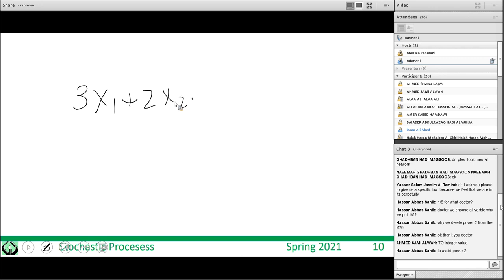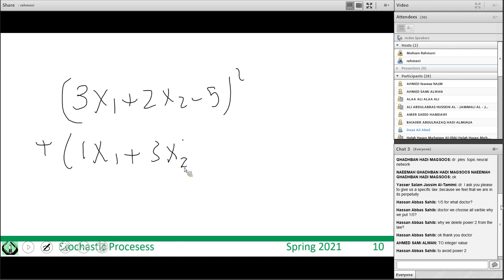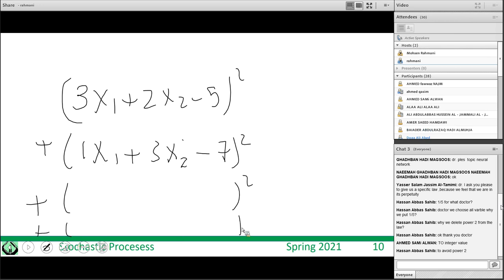3x1 plus 2x2 minus 5 plus 1x1 plus 3x2 minus 7 plus. How do you solve this? How do you minimize this?